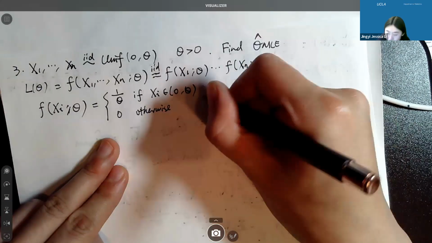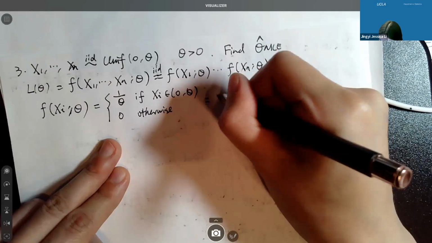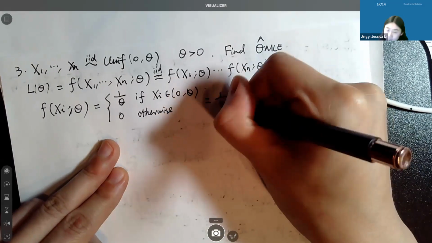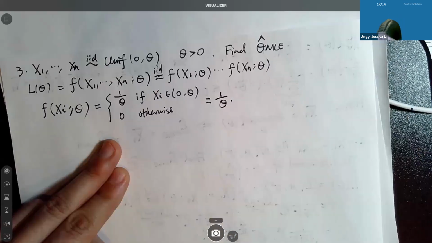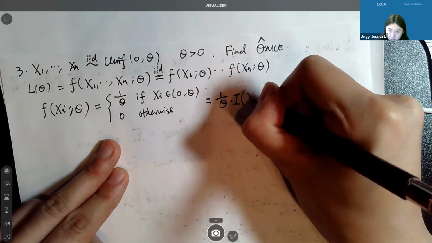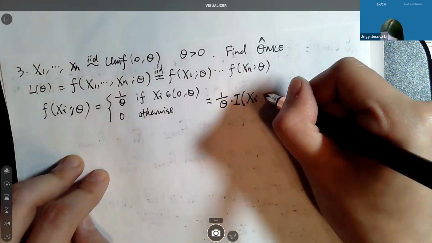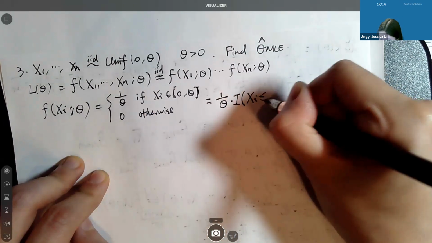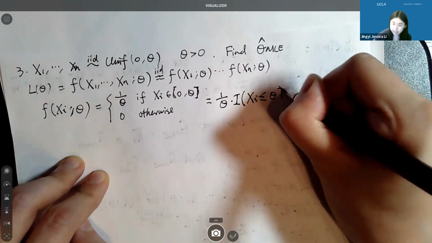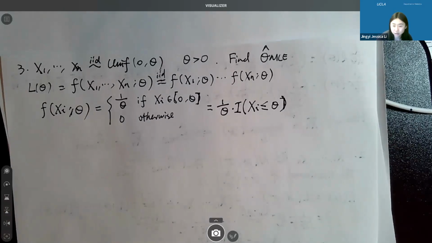So what we can write for the uniform is that the density is 1 over theta times the indicator that xi, the random variable value, is in the closed interval, less or equal than theta. So this indicator function is a way for us to take the boundary into account.